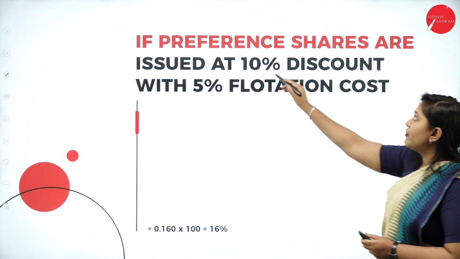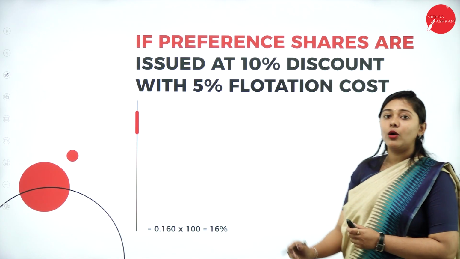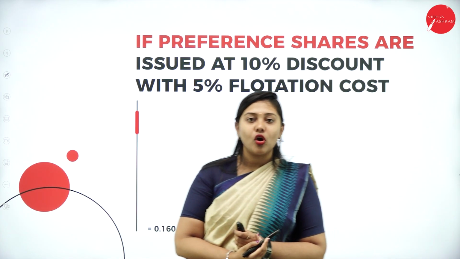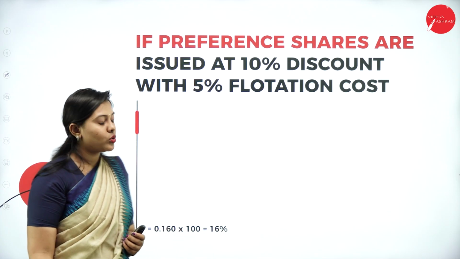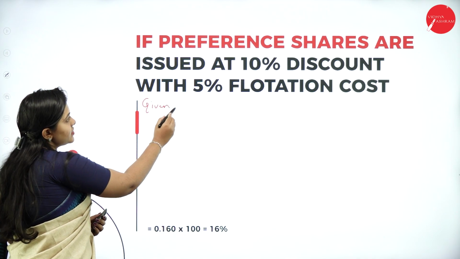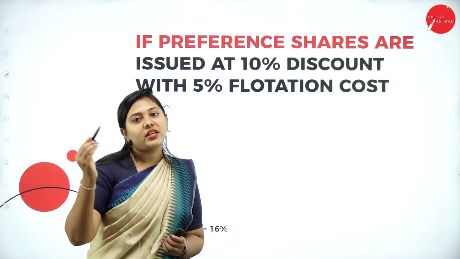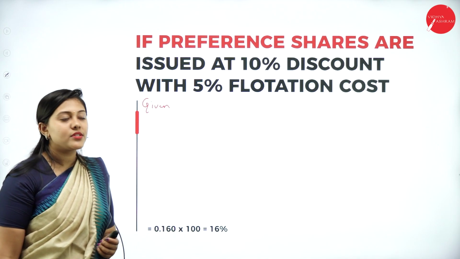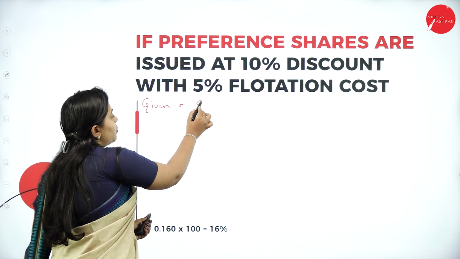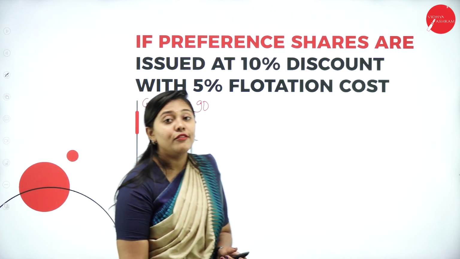is if preference shares are issued at 10% discount with 5% of your flotation cost. Now let us write down the given. What is given? They are issuing at discount. So what is the discount amount? That is your 10%, 10 rupees. So your net proceeds will be 90 rupees since it is issued at discount with a flotation cost 5%.